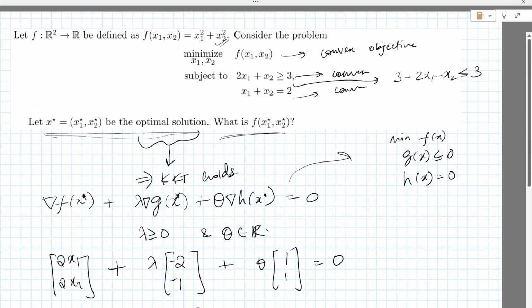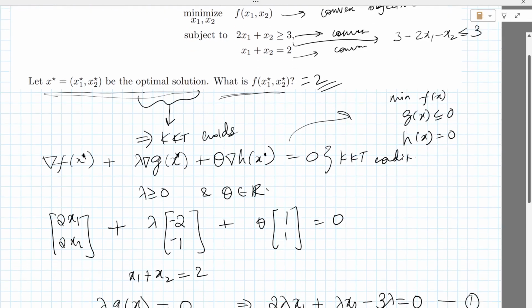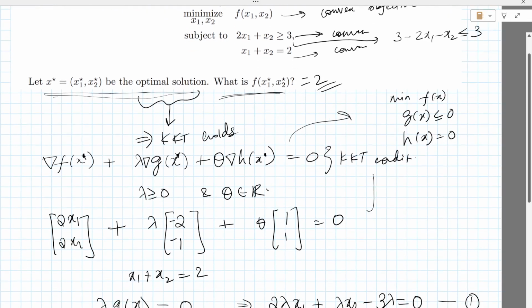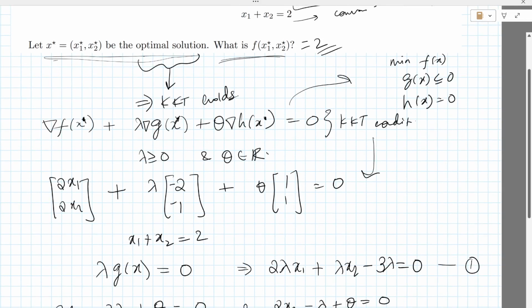So what we need to find, what is f of x1 star, x2 star, that is equal to 2. So we used the KKT condition. This is the equality constraint.